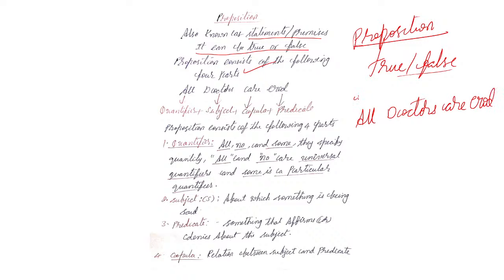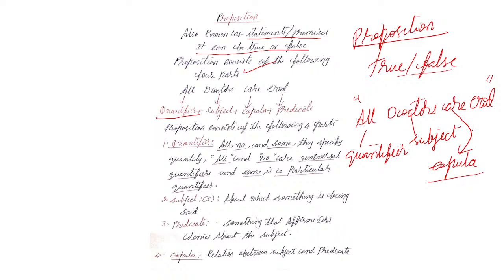It is a proposition, right? What is there in this proposition? All is called a quantifier. Doctor is a subject, we all know. R is called a copula. In this reasoning language, this is called a copula. And God is a predicate.